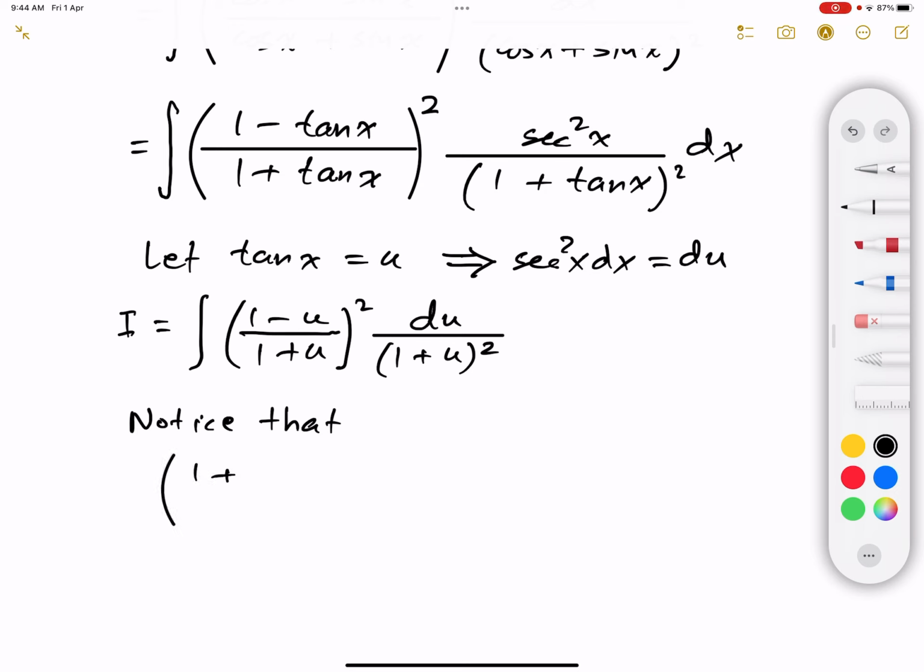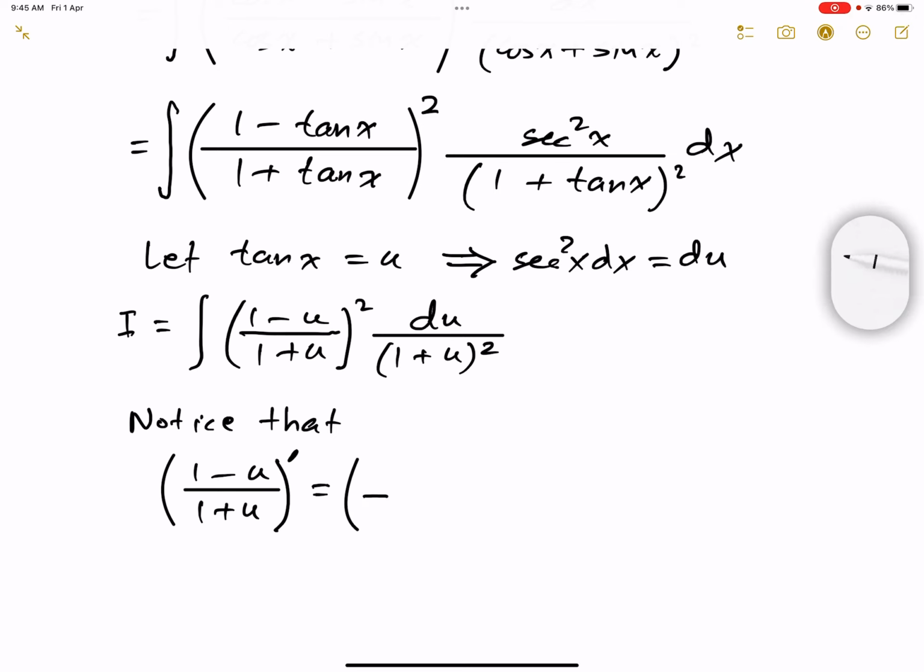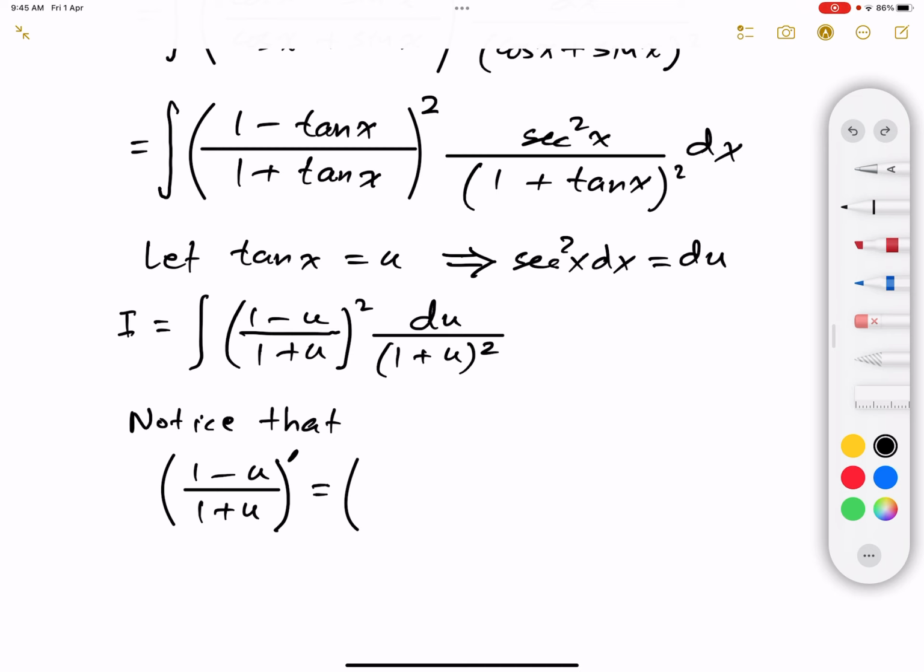The numerator can be rewritten, by the way, as 1 plus u minus u minus u. So it's (1 minus 2u) over (1 plus u).